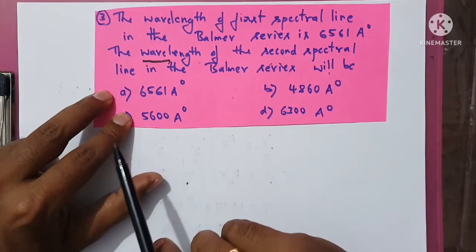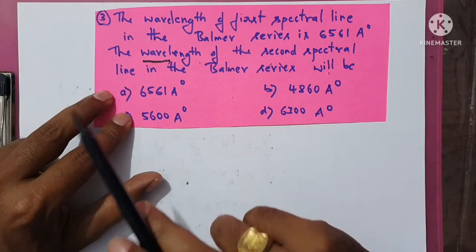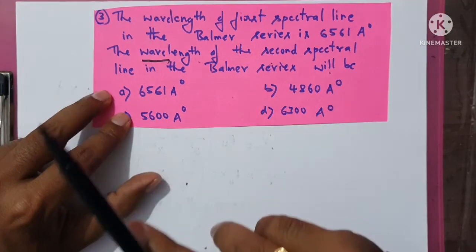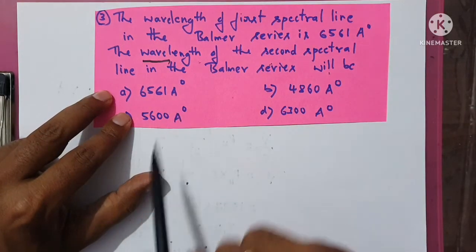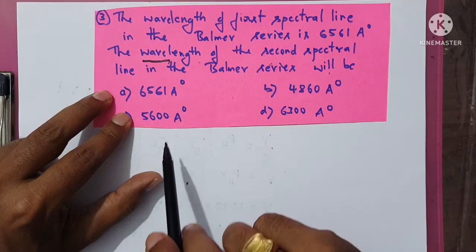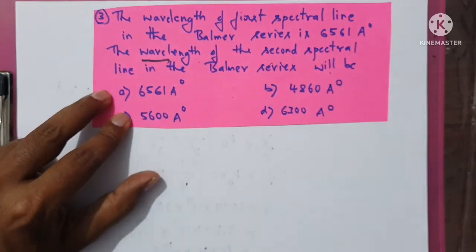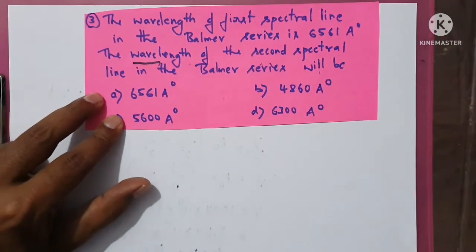In the first question which we solved, I showed you how to calculate the frequency, whereas in this third question, we are going to learn how to find the wavelength. And even here, we use the same equation, that is the Rydberg equation.